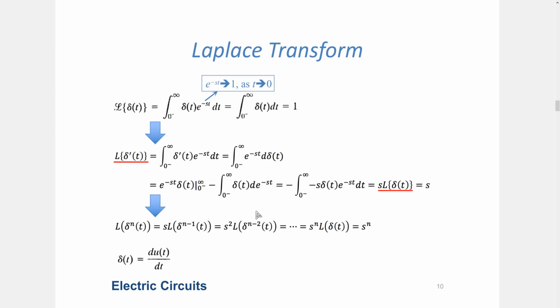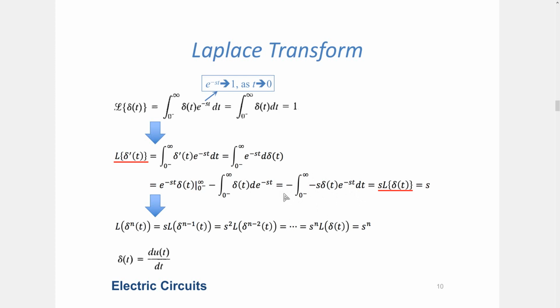So this definition will help us to further simplify this thing. This computation will yield minus the integral from 0 minus to infinity of minus s times delta(t) times e to the minus st dt.